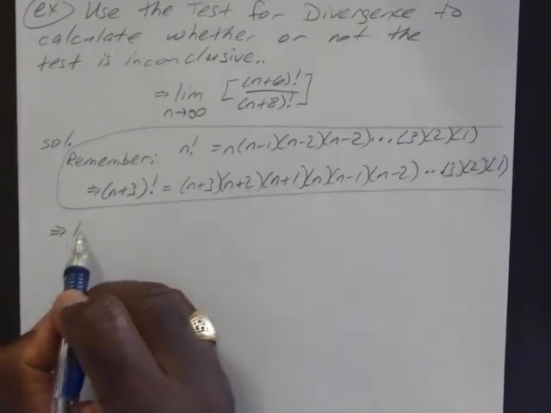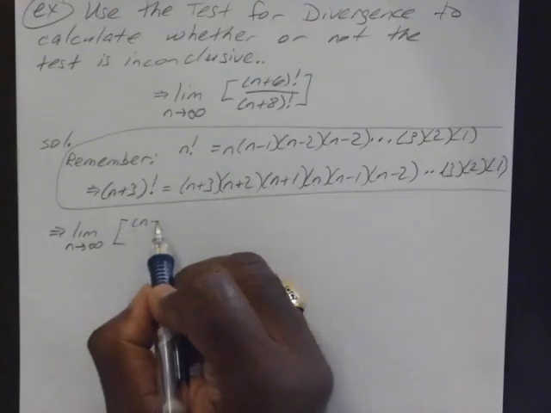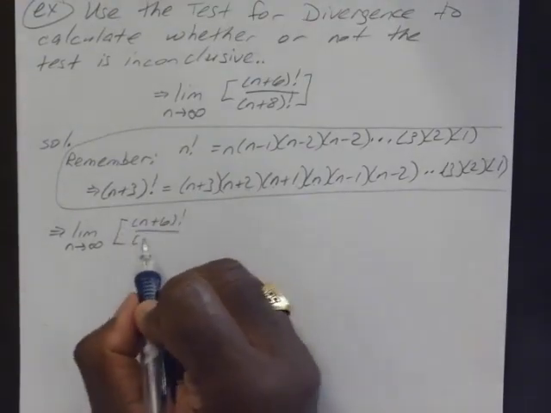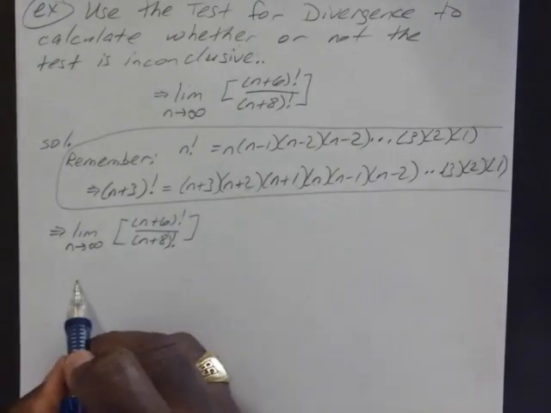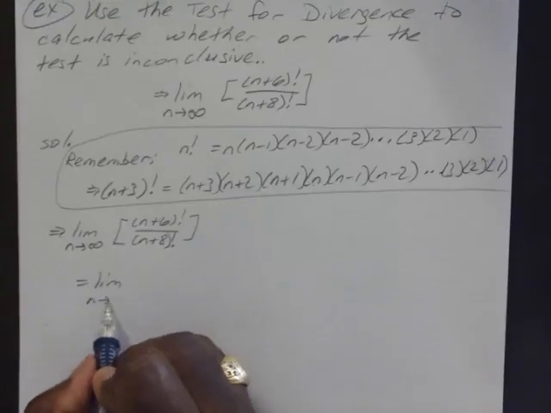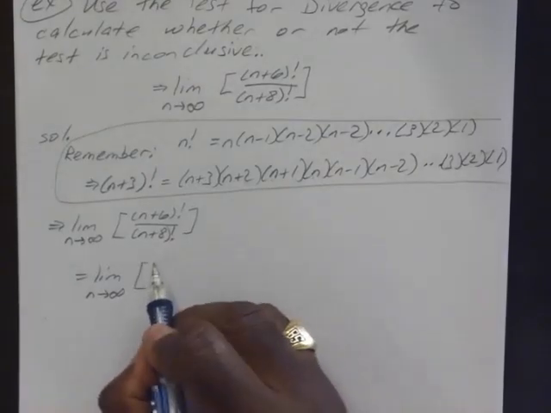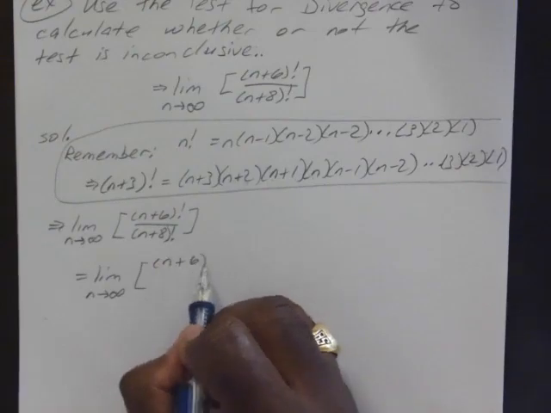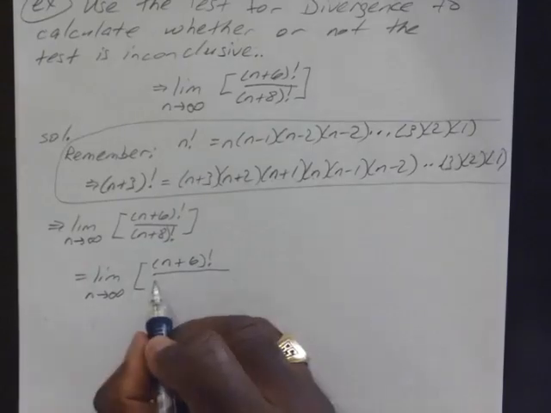So if we take our limit as n approaches infinity of n plus 6 factorial divided by n plus 8 factorial, we can actually rewrite this pretty quickly. We know that n plus 8 factorial is n plus 8 times n plus 7 times n plus 6 times n plus 5 times n plus 4, all the way down to eventually you get to 1.